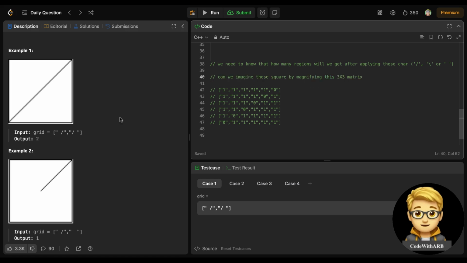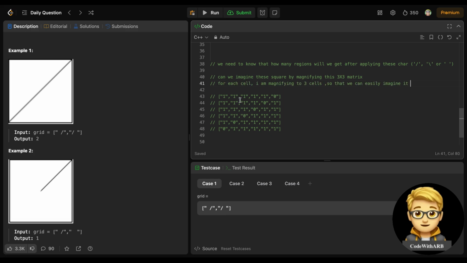If we magnify this, the first part is 2 cross 2, and for each cell I am magnifying it to 3 cells, so that we can easily imagine it.